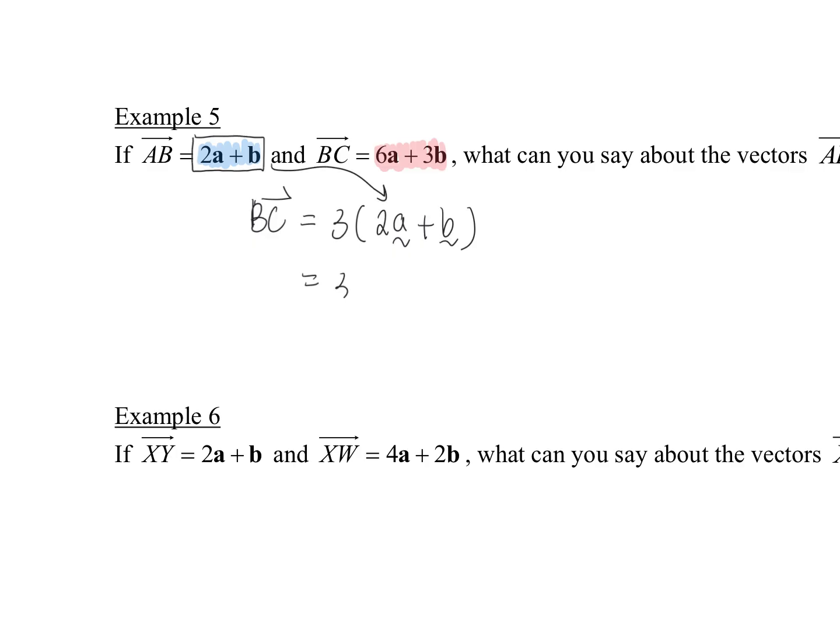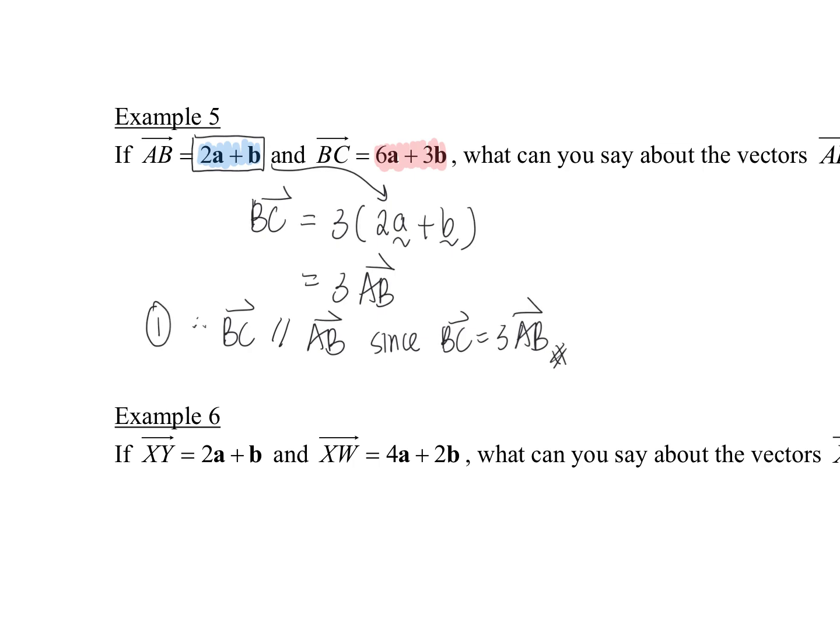So I put in my AB. So I've proven that BC is 3 times of AB. Therefore, BC is parallel to AB, since BC is 3 times of AB. So this is one thing you can say about it.